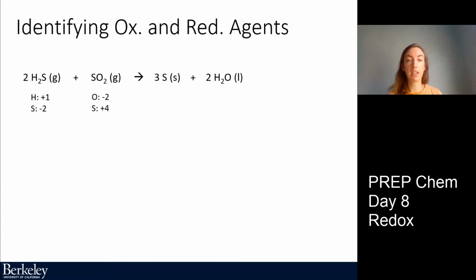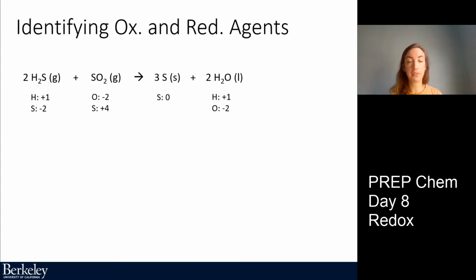And then looking at our product side, our sulfur is not bound to any other type of element, so it has an oxidation number of 0. And then looking at H2O, our hydrogen has +1, and oxygen has -2. That is just how we assign the oxidation numbers.